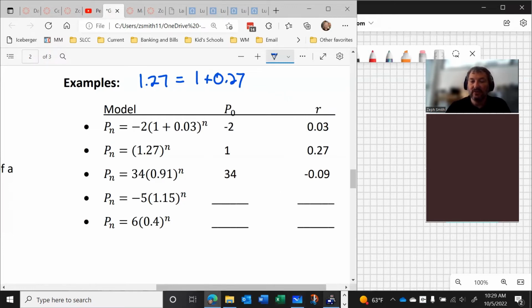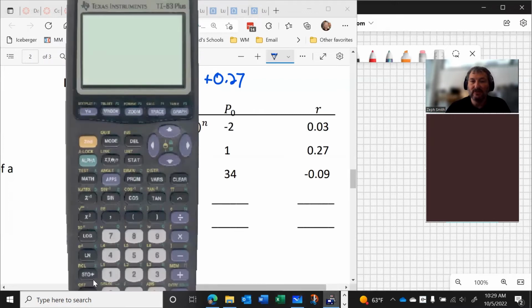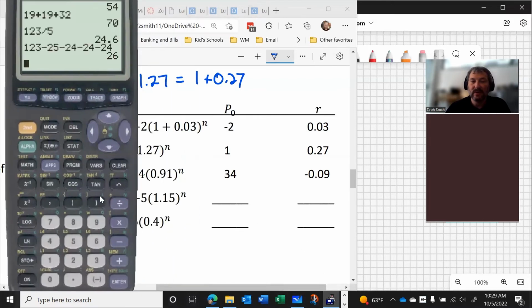But you could also do a simple calculation where you just put the 1.27 in and subtract 1. Because the formula has a 1 in it, so if you remove the 1, you're looking at r. That makes it really nice for the ones that seem strange, like the 0.91. Subtract 1 from it. You're looking at r.